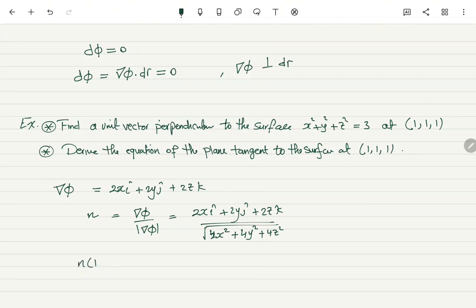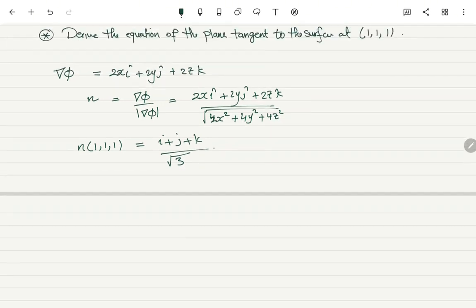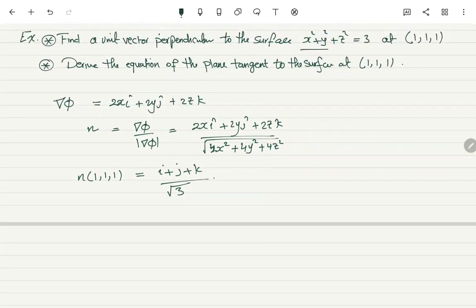N at the point (1, 1, 1) equals i plus j plus k divided by the square root of 3. And this is a unit vector perpendicular to this surface.